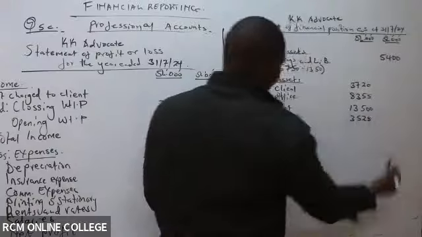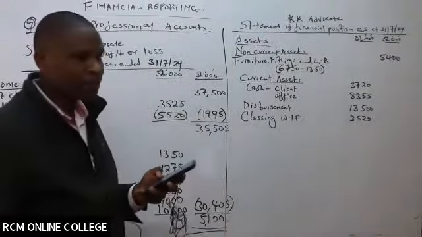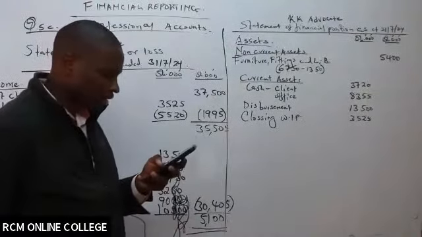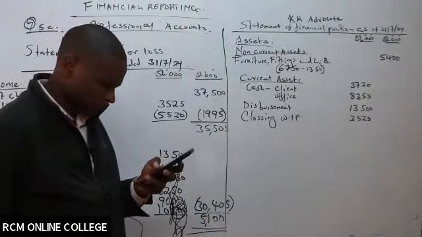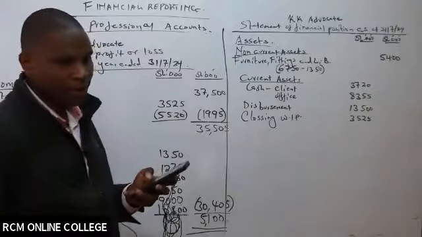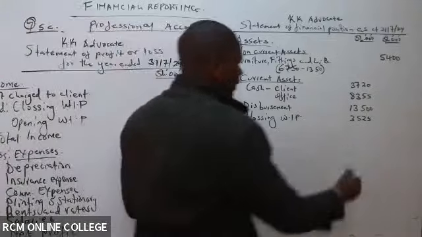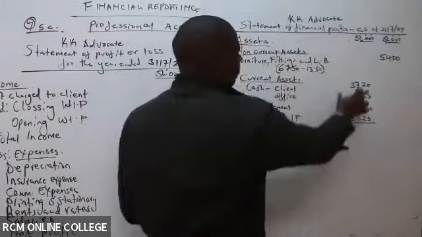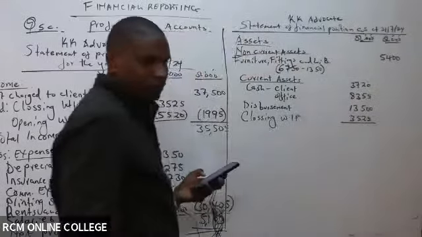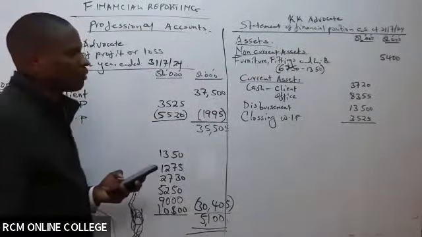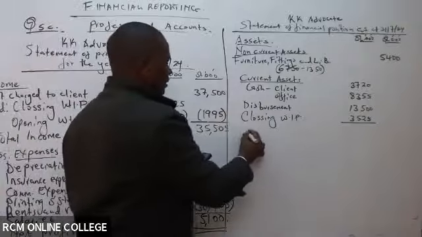Do we have any other current asset that you can identify from this question? I think those were the assets that we had. Can you add them? Add all these with the total current asset so that we are able to get the total asset here.